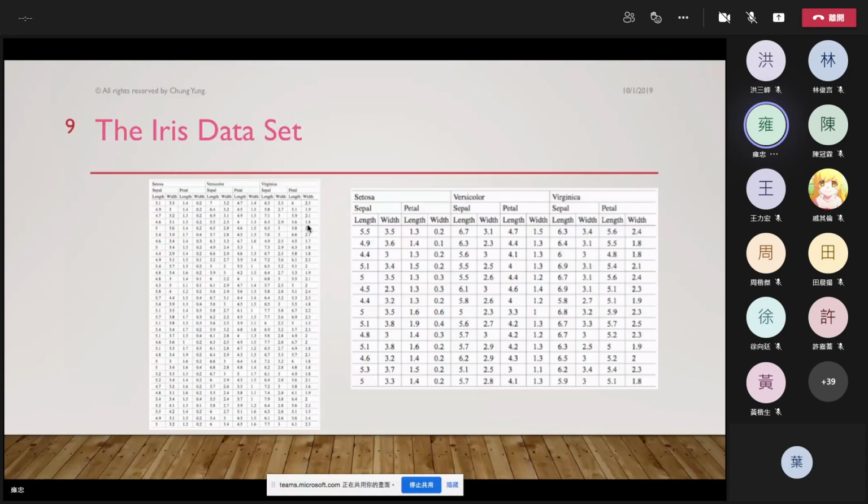And once again, the fourth column, the width of petal for setosa, the value lies between 0.1 to 0.6, especially for those data of 0.1 and 0.2.